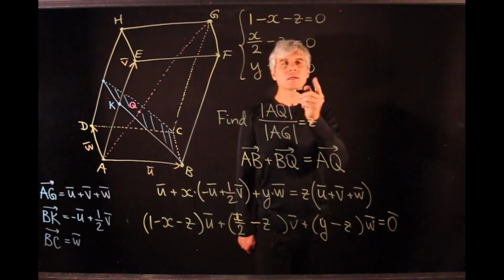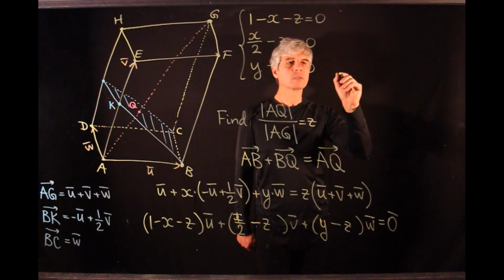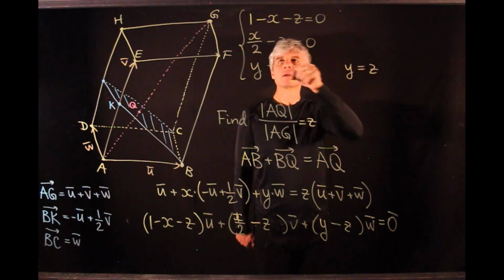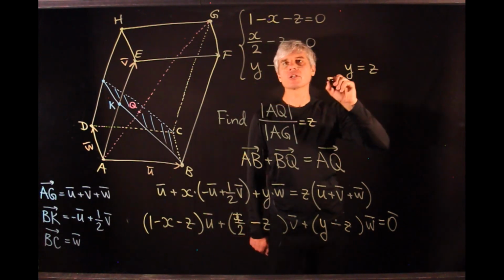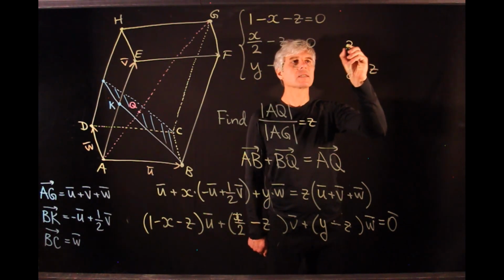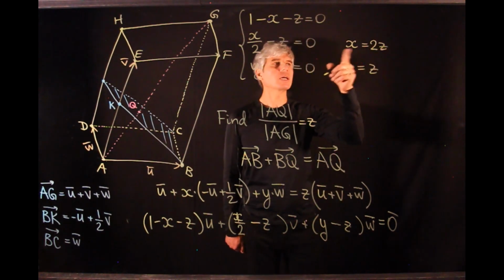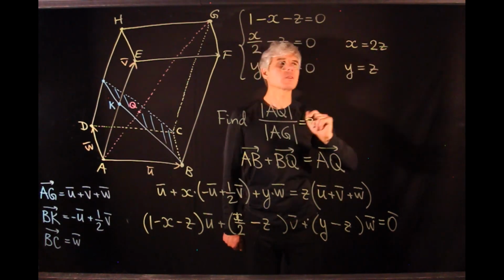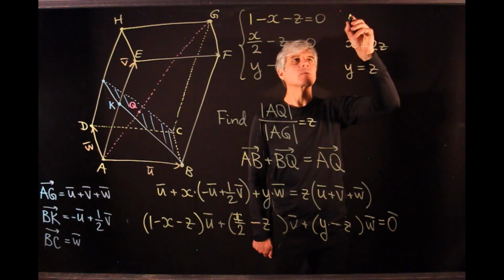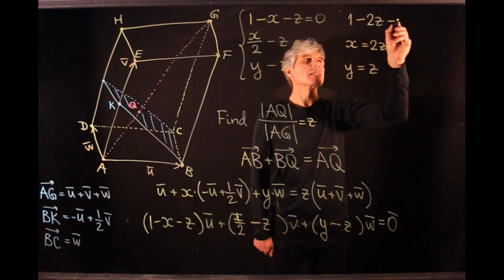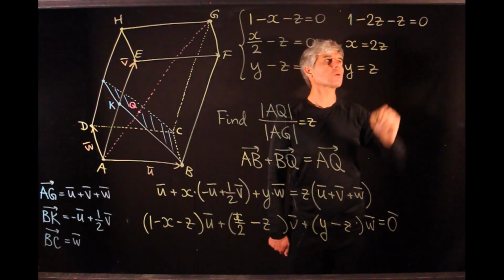From the last equation, we get that y is equal to z. From this equation, we get that x is equal to 2z. And finally, if we substitute this in the first equation, we get 1 minus 2z minus z is equal to 0.